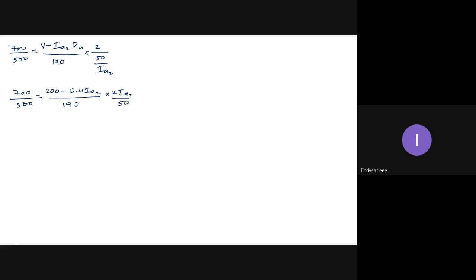So in this entire equation, the only unknown is IA2. So we can find out the value of IA2 here. It is a quadratic equation. It is IA2 square, you can observe. You will get IA2 square here, so we will get two values of IA2.